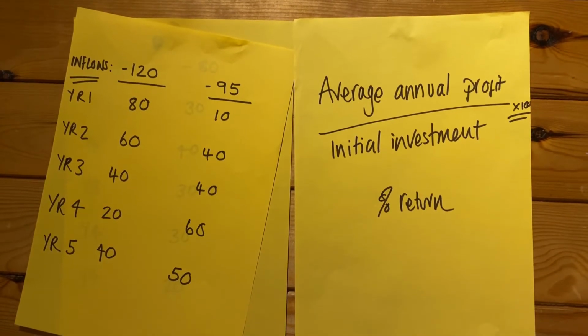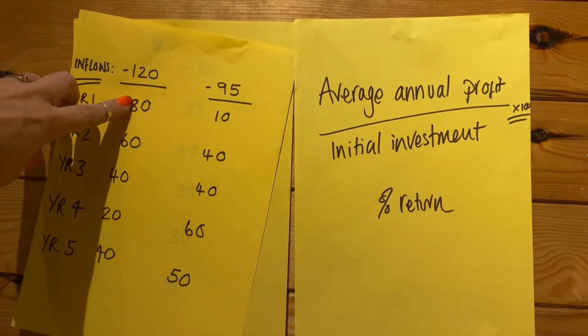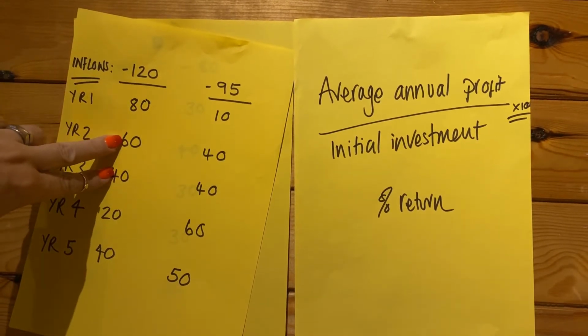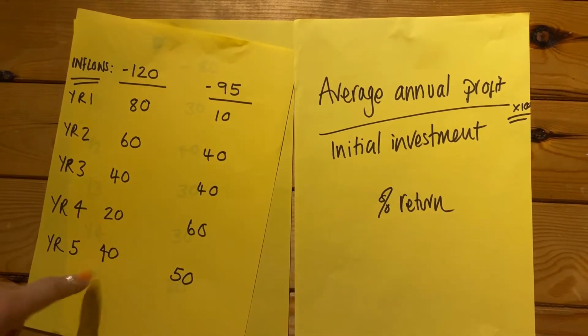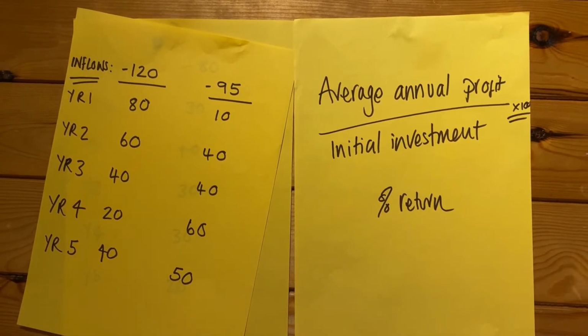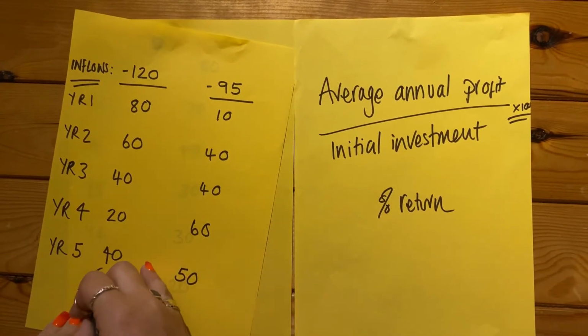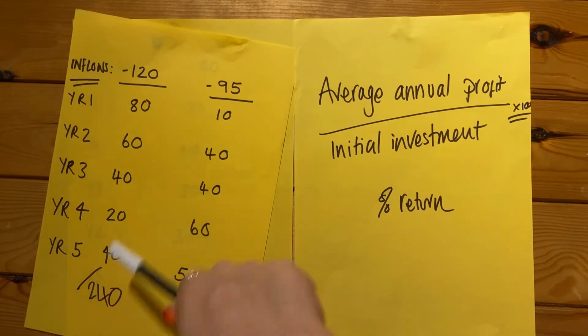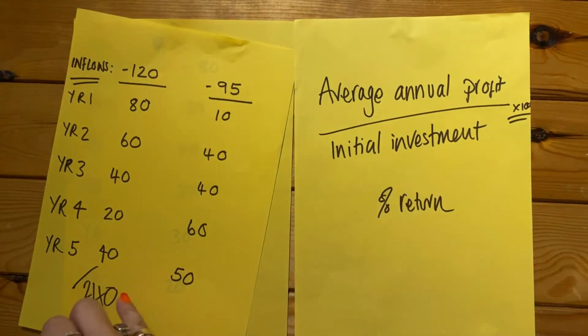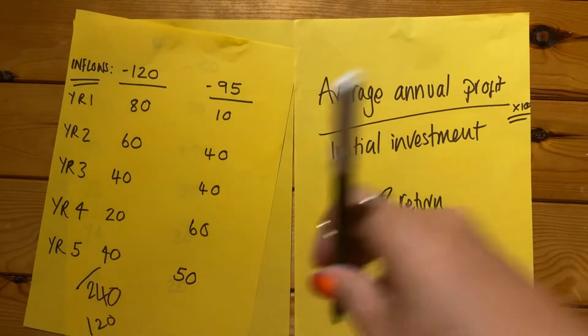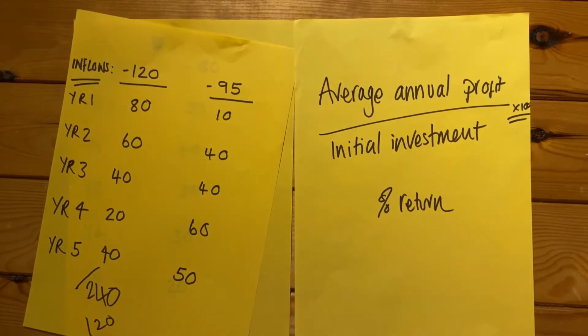So I'll try to do this in my head. That's 100, 180, 240. So we've got 240, minus 120. That gives us 120. So that's the profit.